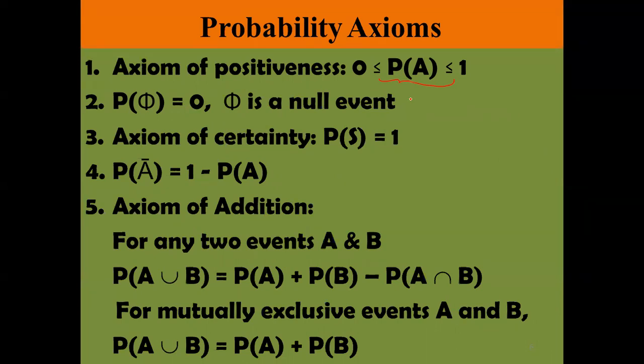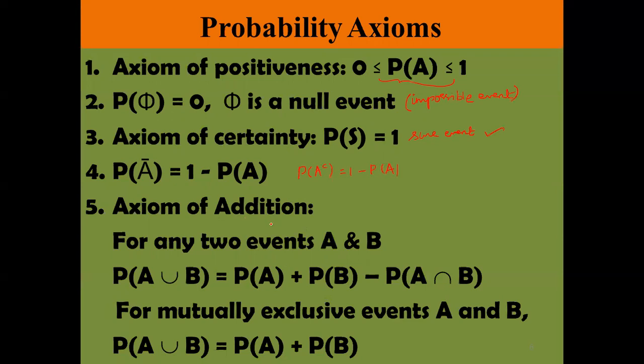That is, the probability of a null event, the event which is not possible, is 0. The next is that the probability of a sure event or a certain event is 1. This axiom is called the axiom of certainty. Next is P of A complement is equal to 1 minus P of A.